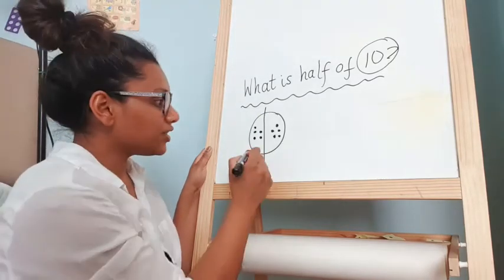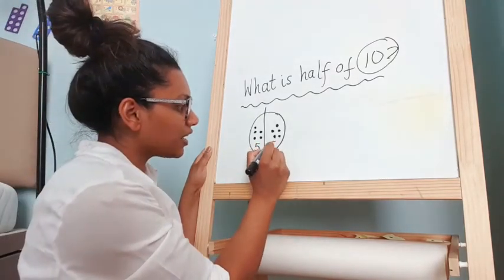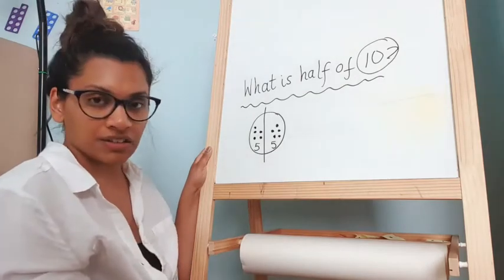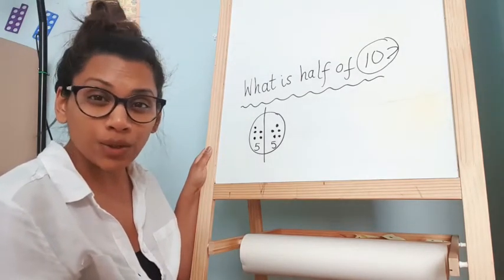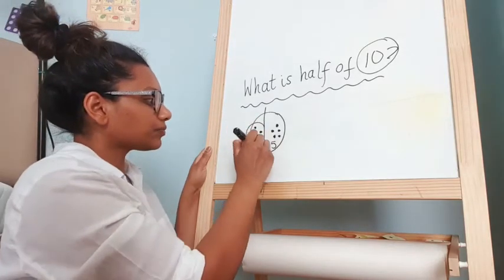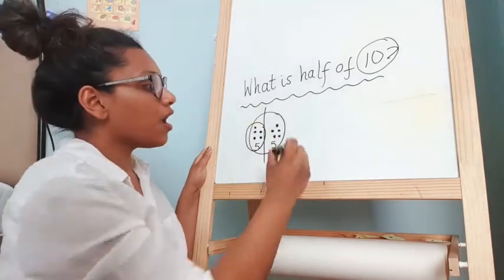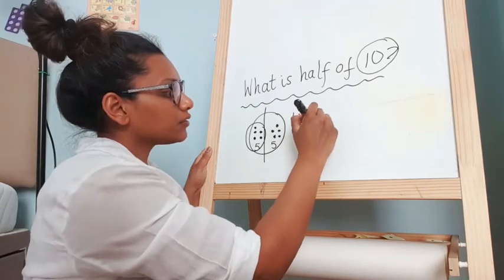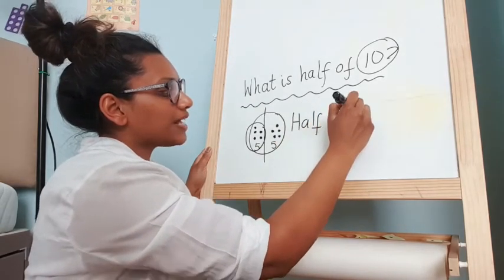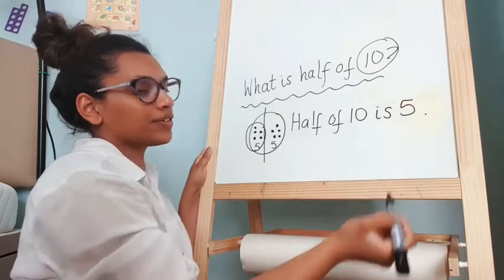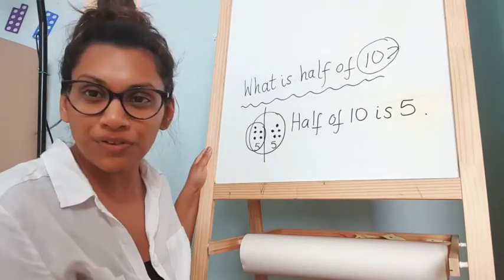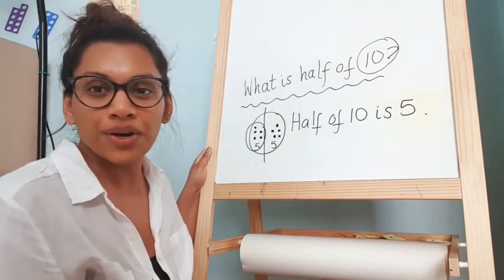Okay, do you see there's 5 on this side and 5 on that side? Half is one of the two equal parts. Therefore, half of 10 is 5. Okay, so we've just proved our method with a picture.